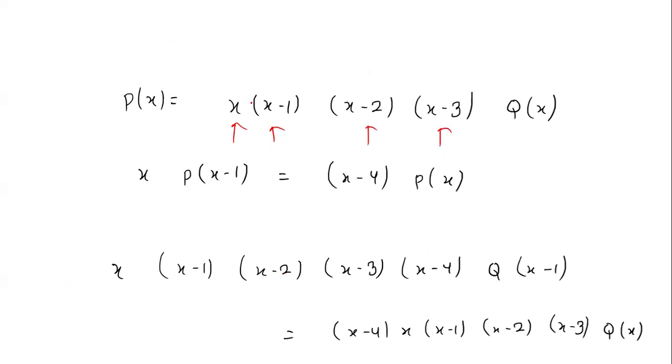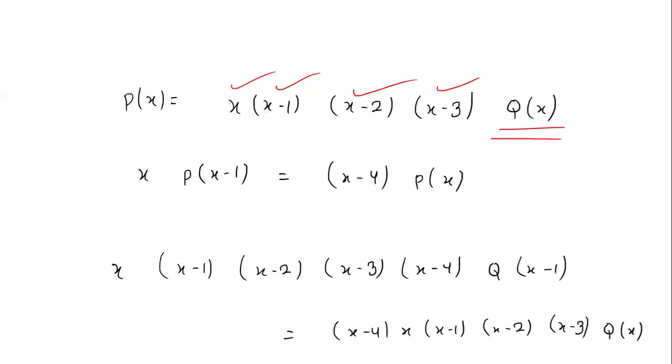So we can write these 4 factors as x times x minus 1 times x minus 2 times x minus 3, and let's say there is some other polynomial q of x which we multiply, then we can get p of x. So we can write p of x this way, with at least these 4 factors for roots 0, 1, 2 and 3, and there is some q of x.